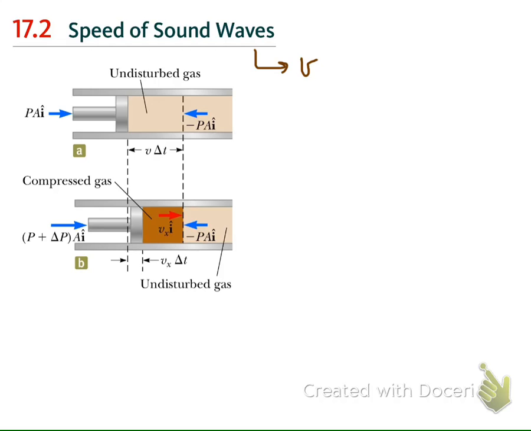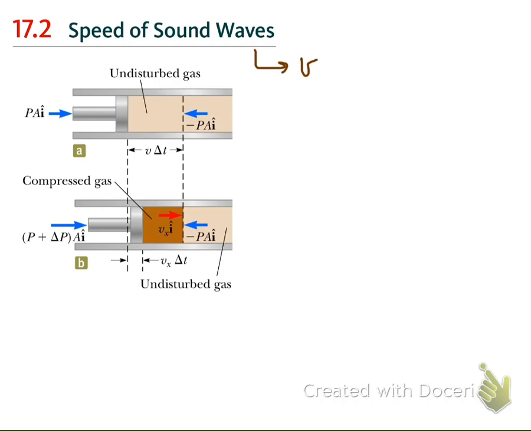Delta t is defined as a small time interval. So this length is the length that the sound wave will travel from the left face of this element to the right face of this element.